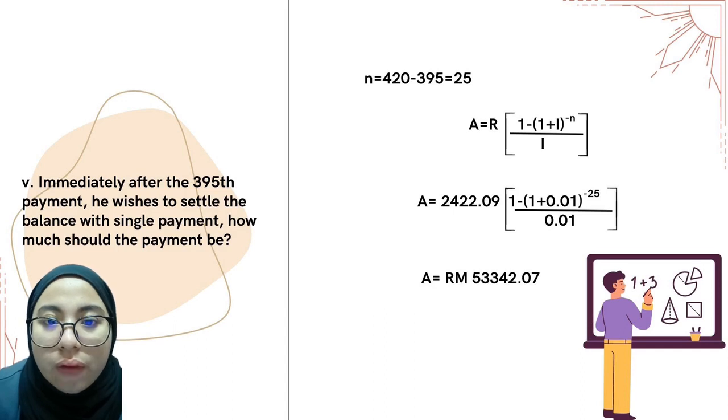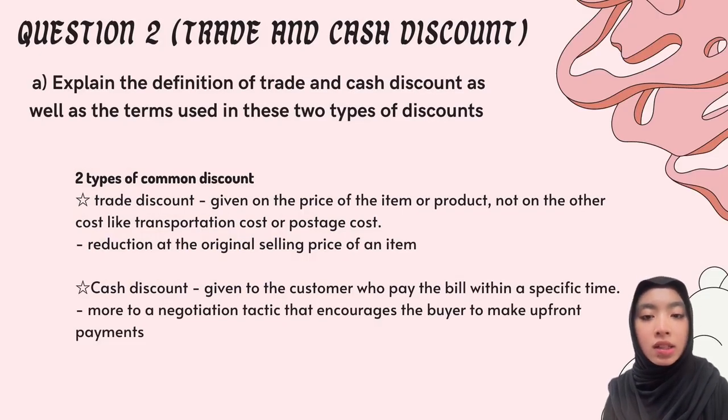So the answer of A is 2,422.09 times 22.0231557, equal to 53,342.07 ringgit.